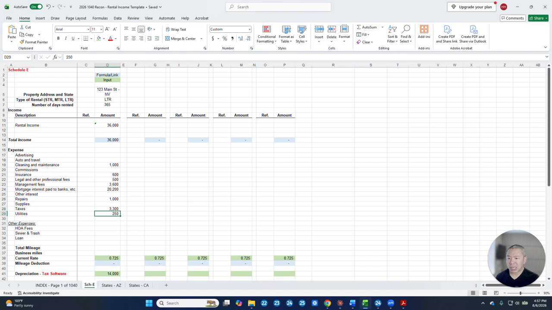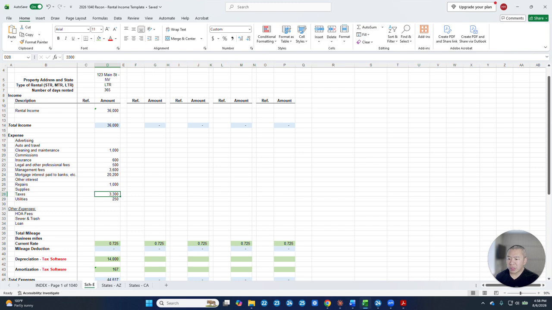So this is something your client should provide you, that they tell you what they spent on all these things. The mortgage interest is going to be based off a tax form. Taxes should be on the tax form. If not, you can look it up on the county recorder's office or treasurer's office. And so all that information should be on there.